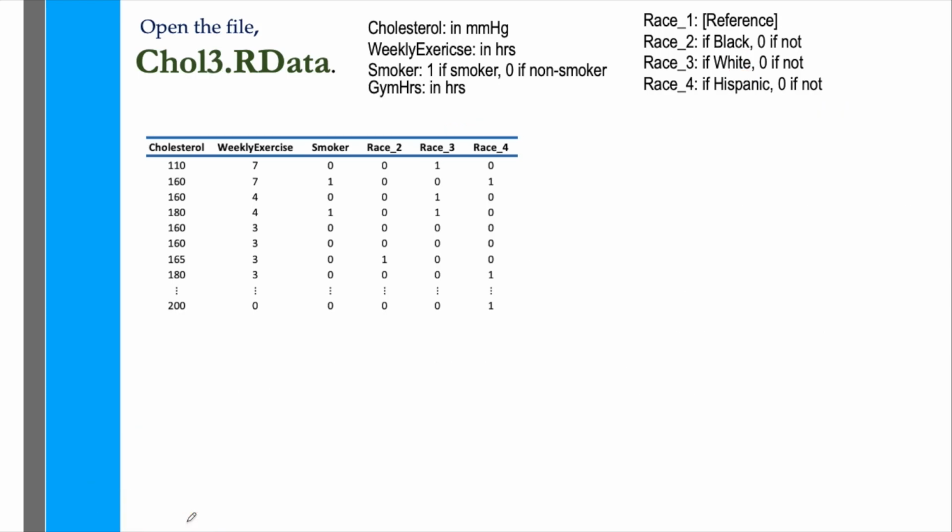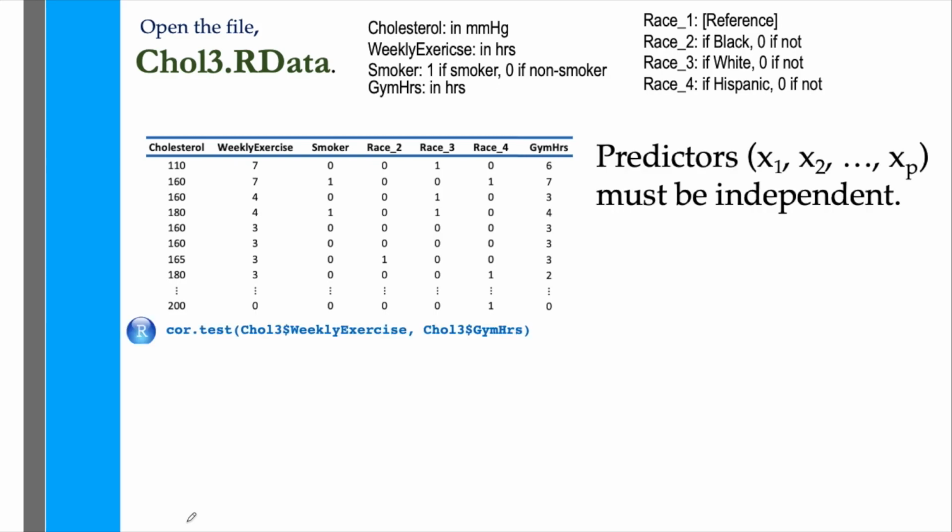Last, what if I add another column which is gym hours, and then I try to put a linear regression model out of this? Remember that predictors must be independent, meaning these variables must be independent. However, as we see, weekly exercise has something to do with gym hours.